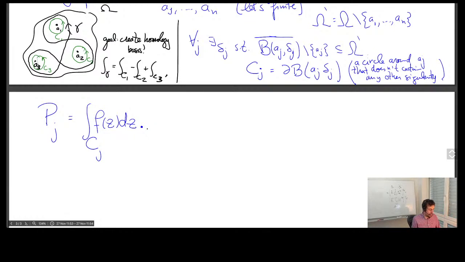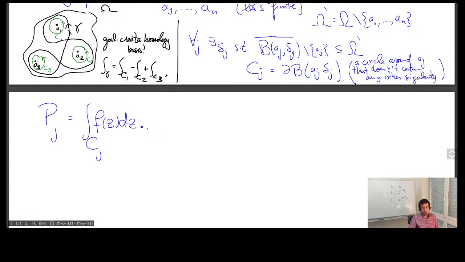So before I do it, let's all take a step back and think about what just happened and what's about to happen. We have now that the integral around a curve gamma will be given by a linear combination of these periods. So if we want to compute the integral around gamma, we just need to understand what these periods are.